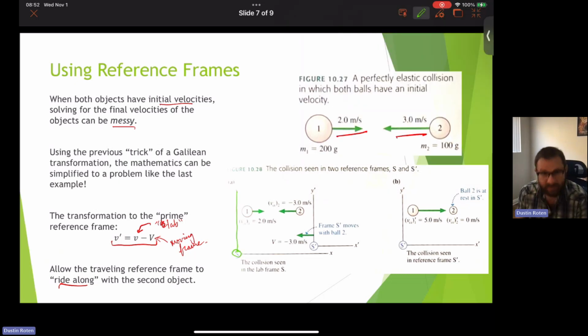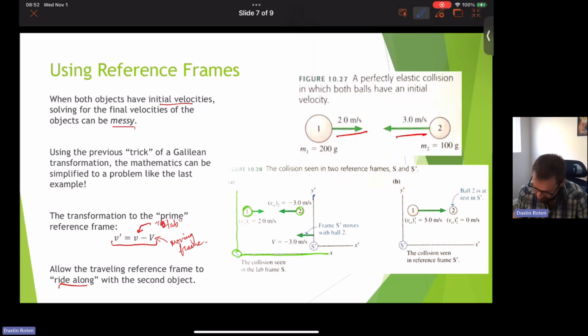This is our lab frame. Initially, the velocity of the first ball is 2 meters per second. The velocity of the second ball is negative 3 meters per second. It's heading in the opposite direction. There's our lab frame, I've written it in green.